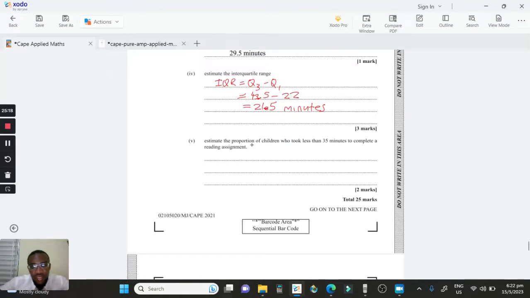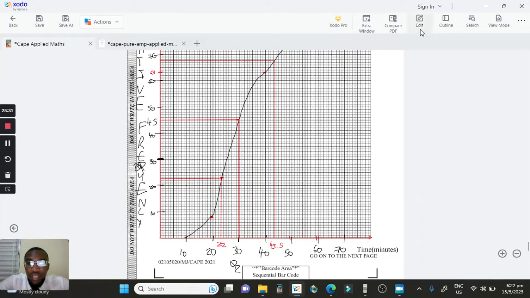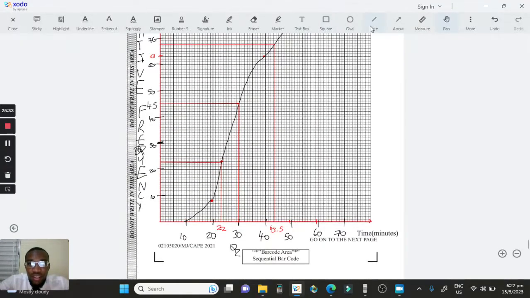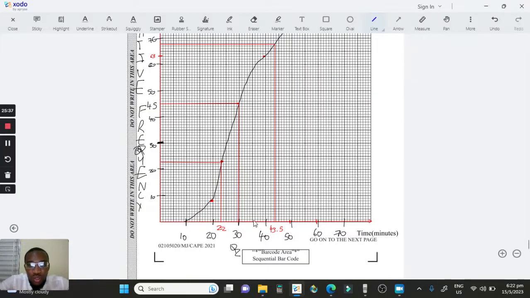Now it says estimate the proportion of children who took less than 35 minutes to complete reading an assignment. Remember, less than 35 minutes. You're just going to extrapolate from the cumulative frequency. So you're going to go to 35 minutes. I'll change the color to true blue. So look at 35 minutes. We'll go all the way up and then all the way across.